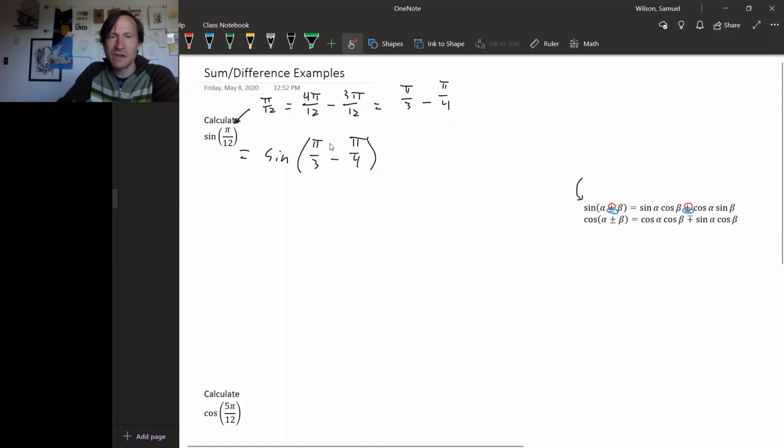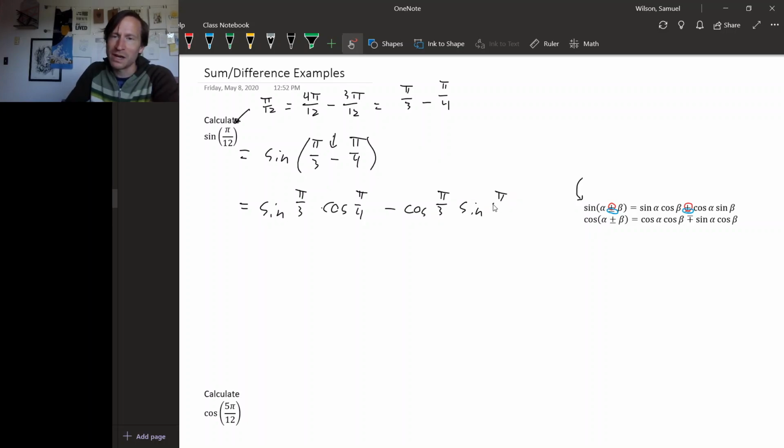Since we have a minus sign, we need the difference version, the version with the minuses. So we get sine of the first angle, pi over 3, times cosine of the second angle, pi over 4, minus cosine of the first angle, pi over 3, times sine of the second angle, pi over 4.